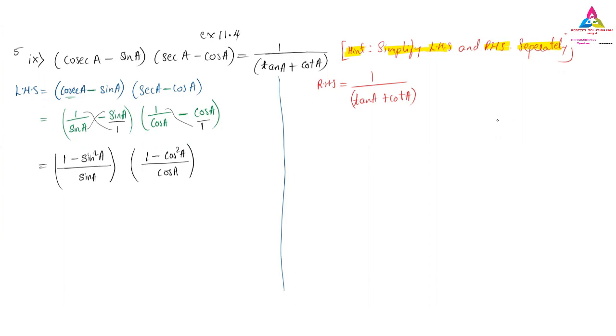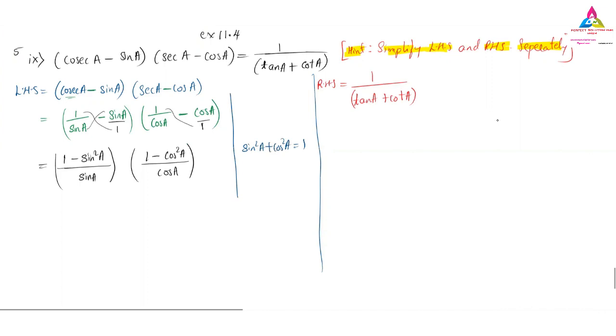So now we will simplify further. We will go for the identities here. So what is that identity? We will move on to the first identity, and I will write it down here so it will be better: sine square A plus cos square A is equal to 1.